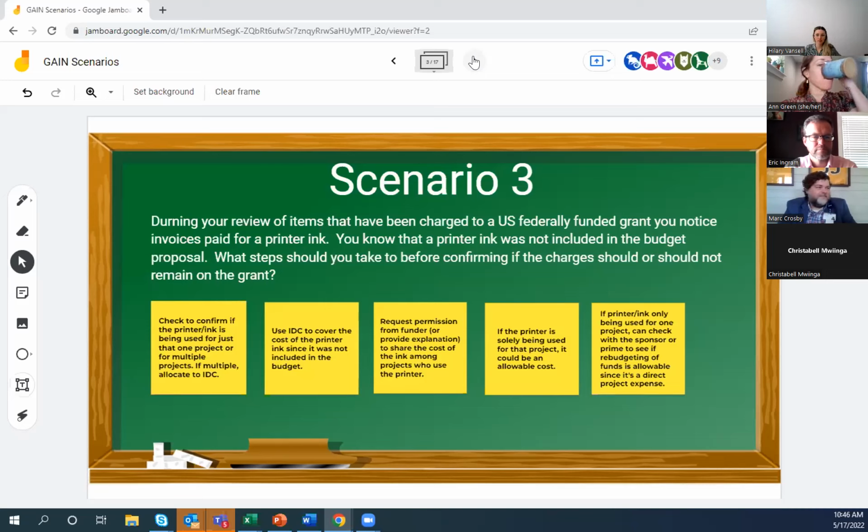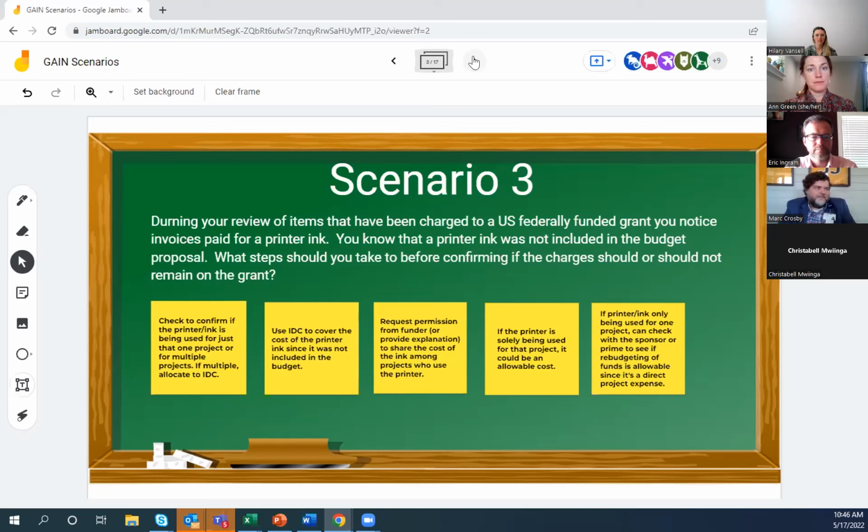So our scenario, basically, we were asked: during your review of items that have been charged to a US funded grant, you notice that a payment for a printer was made. However, you know that a printer was not included in the budget proposal.